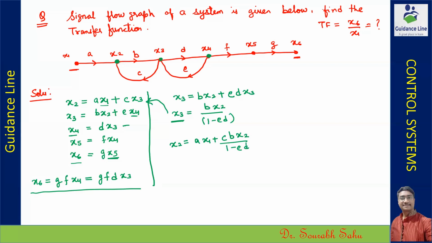Now I simplify this as 1 minus cb over 1 minus ed, times x2, which equals a times x1.